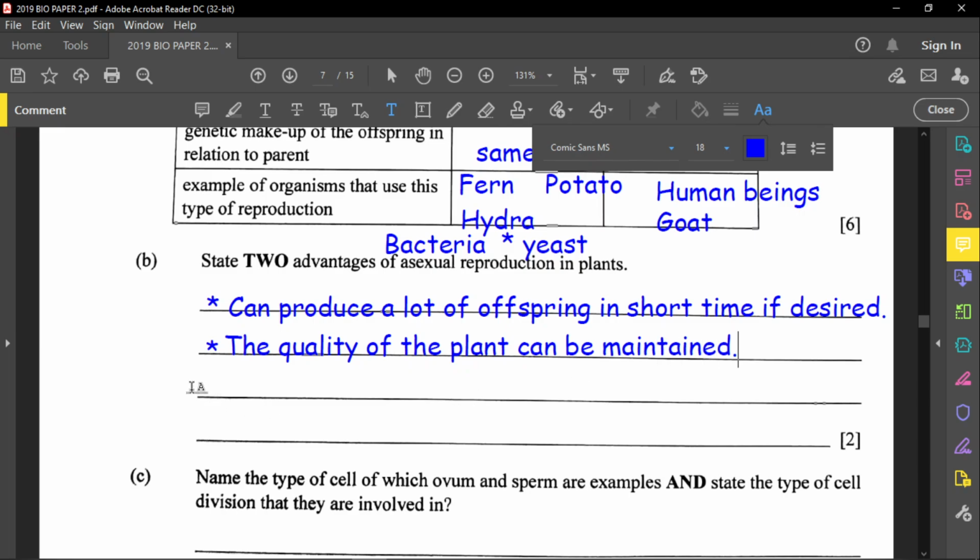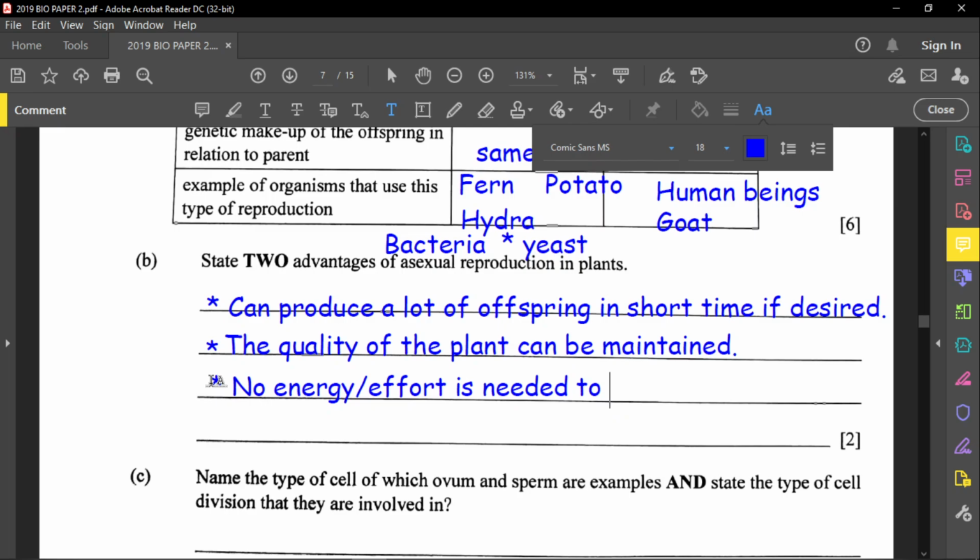Another possible one also here is that there's no energy needed, no energy required, and let's write that one: no energy or effort. I'm going to put energy or effort. So no energy or effort is needed to find a partner or to find a suitable mate or a suitable plant to pollinate.